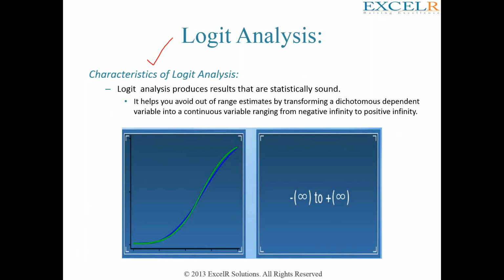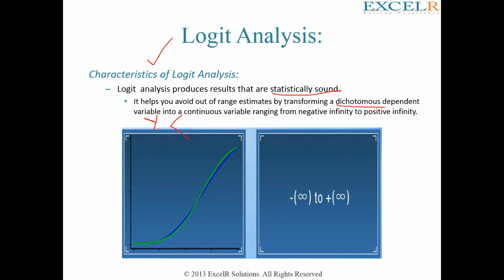Logit analysis, right, produces results that are statistically sound. It helps you avoid out-of-range estimates by transforming a dichotomous dependent variable into a continuous variable. So you have your y, which is your dependent variable. Now we have a yes or no kind of y, right? That is called dichotomous. Dichotomous means pros and cons, two things basically.